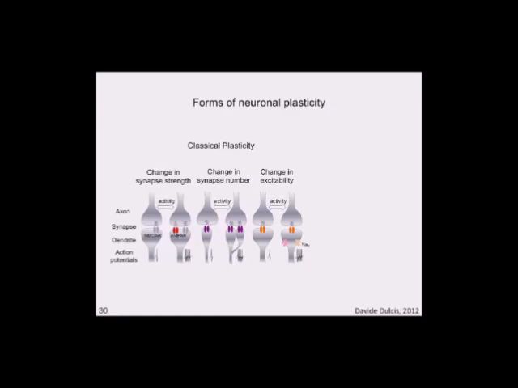I think it's very clear now that one starts with a synapse that expresses only one class of glutamatergic receptors, and then receptor trafficking introduces a second class, strengthens the synapse so that a single action potential, initially producing just a single action potential on the output side, now produces a series of action potentials, and the synapse has been strengthened. Changes in synapse number are also familiar to us.